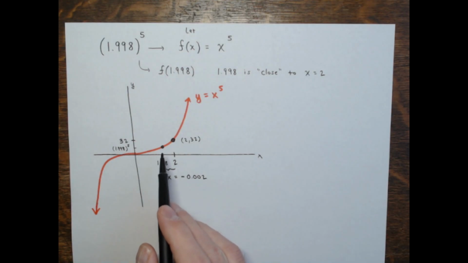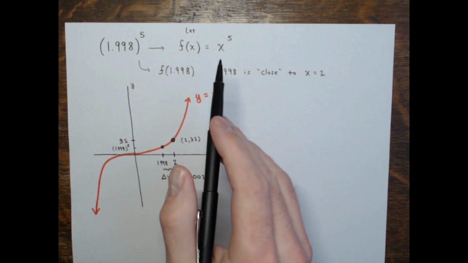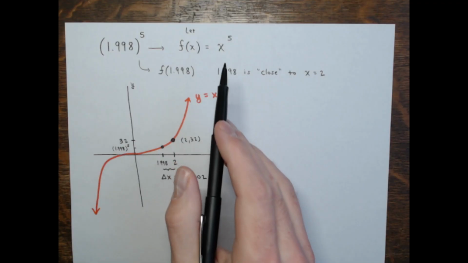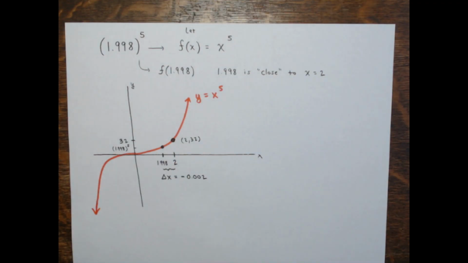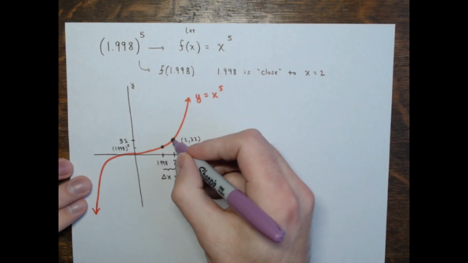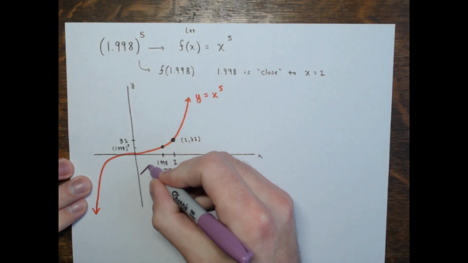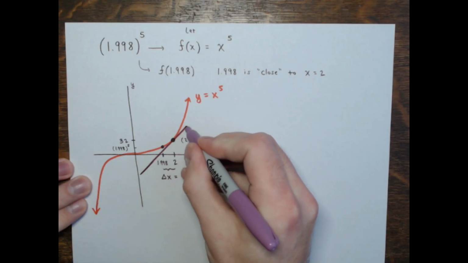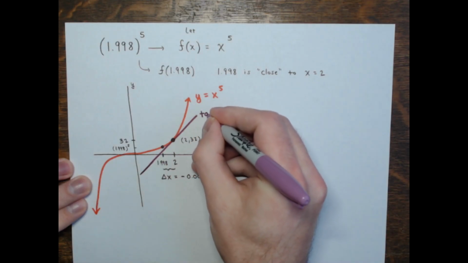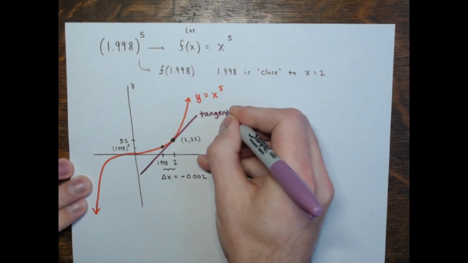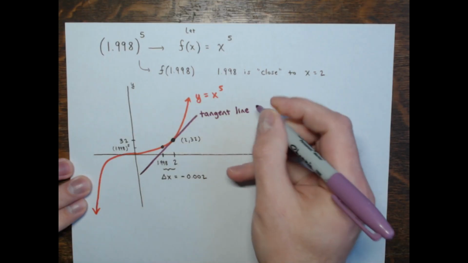Well, rather than plug it into this function here, this x to the fifth, I use the tangent line at x equals 2 instead. So here's the tangent, which we'll have to find the equation for.